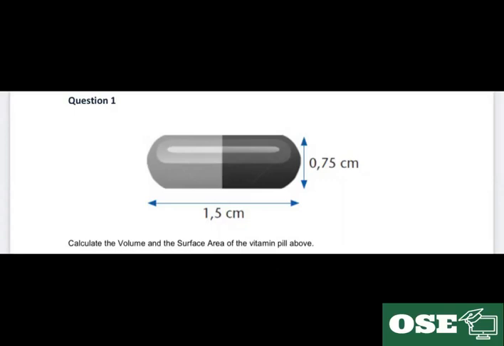So this pill, which shapes can you find? A cylinder and 2 half spheres. Yes, a cylinder and 2 semispheres. So keep that in mind when you're calculating volume and surface area.